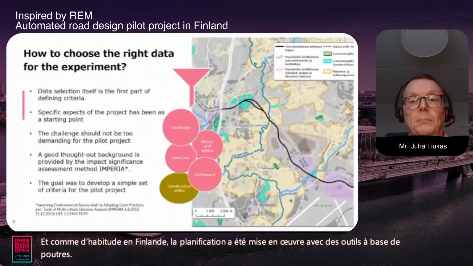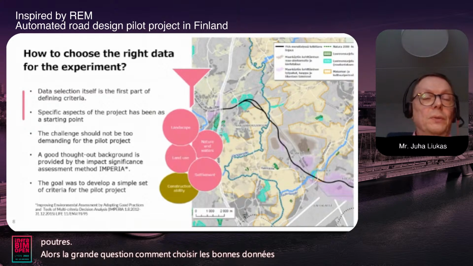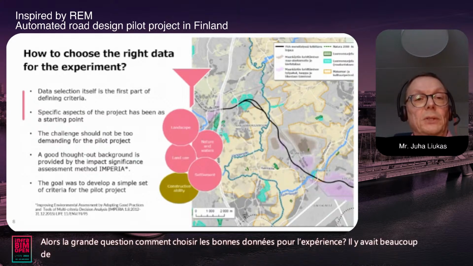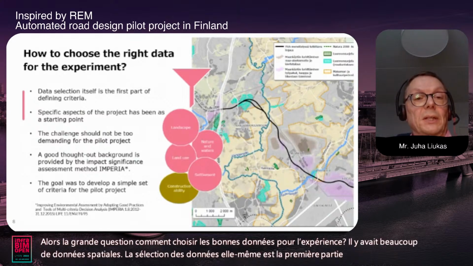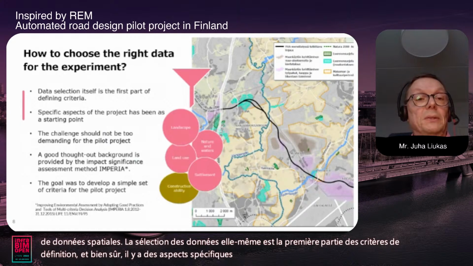Then the big question: how to choose the right data for the experiment. There was a lot of spatial data. The data selection itself is the first part of defining criteria. And of course there are specific aspects of the project that were a starting point.